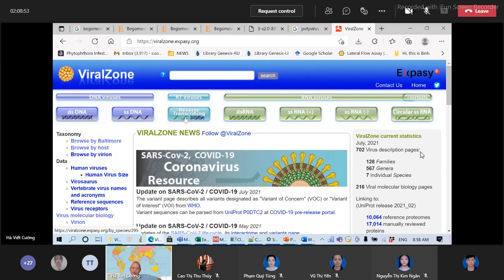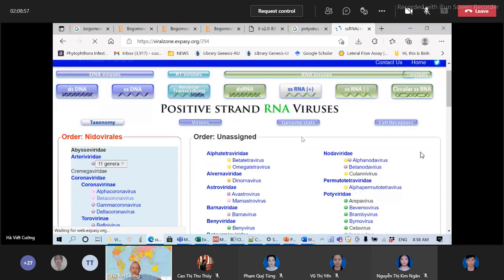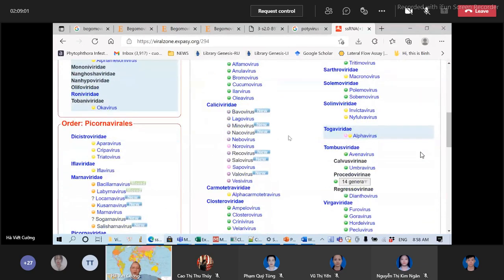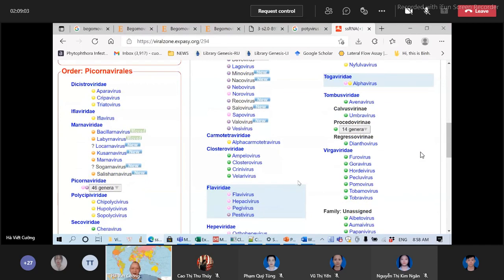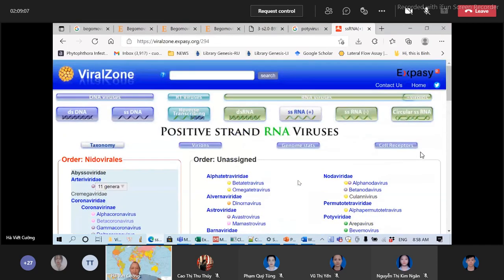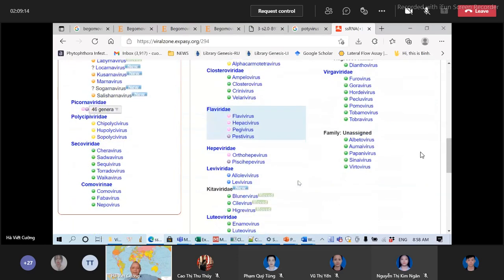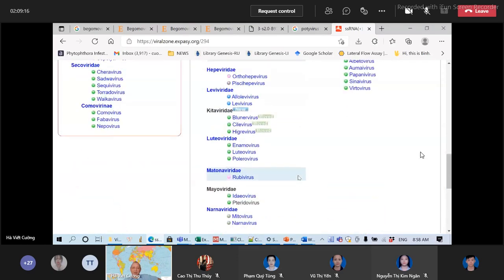Okay, and we can have the example of this group. Okay, so many. SARS-CoV-2 belongs to this group, and most plant viruses belong to this group. Yep, single strand RNA viruses. So a lot of viruses.